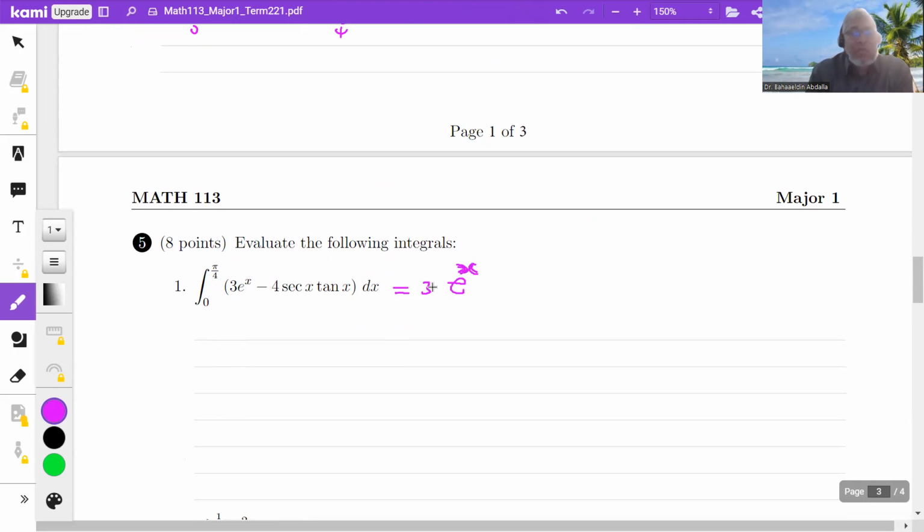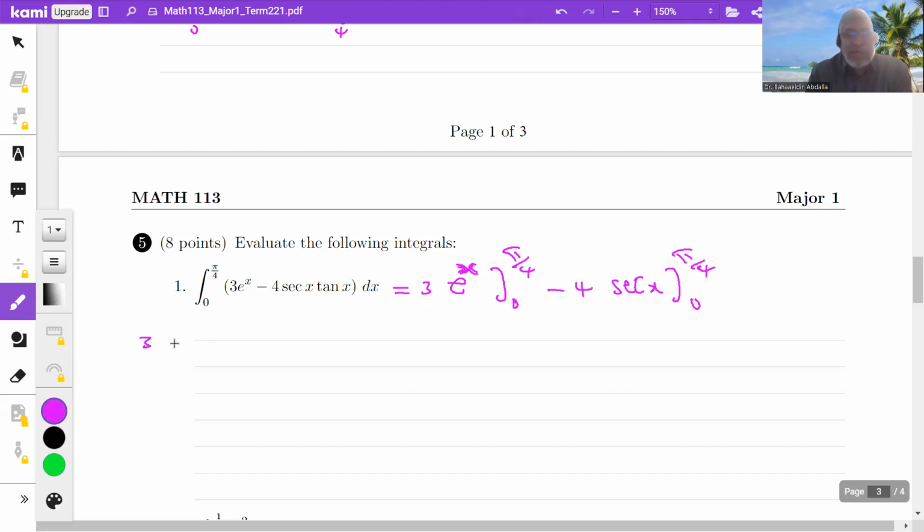Okay. So this is a definite integral. So from 0 to pi over 4 minus 4 secant tan. What is the integral of secant tan? Just secant, because the derivative of secant is secant tan, from 0 to pi over 4.